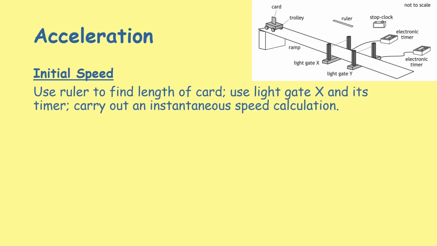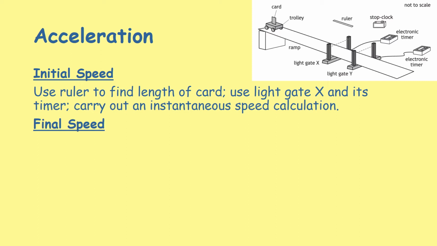As a recap, let's think about each of the individual measurements. To get to the initial speed, we would measure the card with the ruler, and we would use light gate X and its timer to find the time that the trolley took to pass light gate X. We then carry out an instantaneous speed calculation. If you need a recap on instantaneous speed calculations, you can look a couple of lessons back and follow along there.